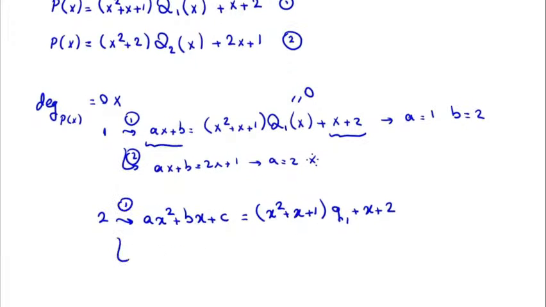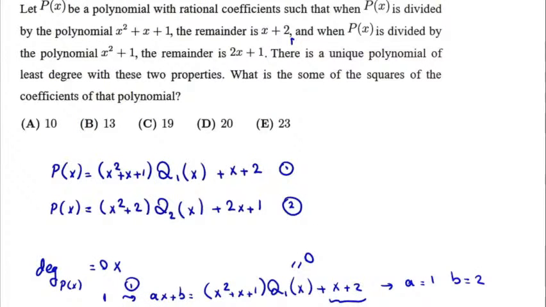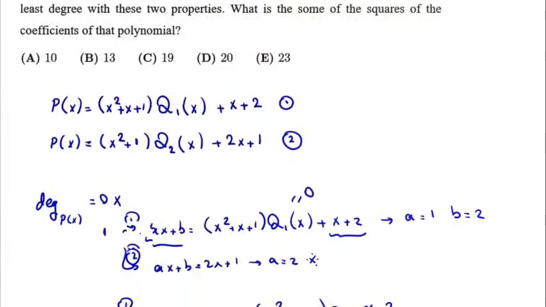It was the first one, and by the second one, ax squared plus bx plus c equals x squared plus 2. The problem says x squared plus 1, but I have written x squared plus 2. Okay, so let's check again the first part.